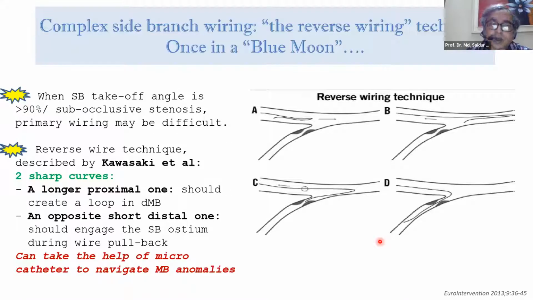And in case of complex side branch wiring, the reverse wiring is a technique which is very, very rewarding sometimes, and in once-in-a-blue-moon cases where you are really stuck, you have to go for the reverse wiring technique where the distal angle is very, very obtuse.